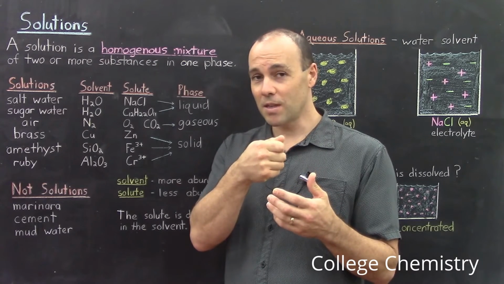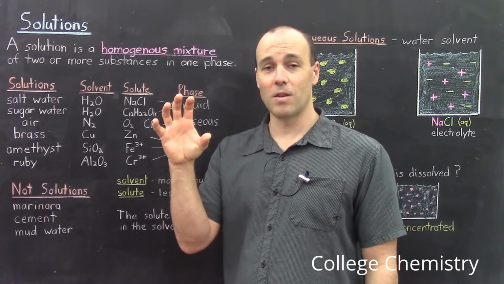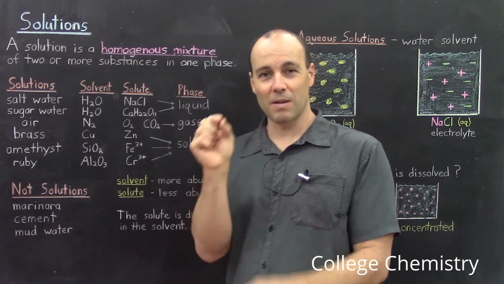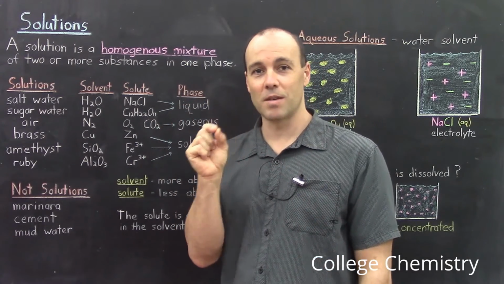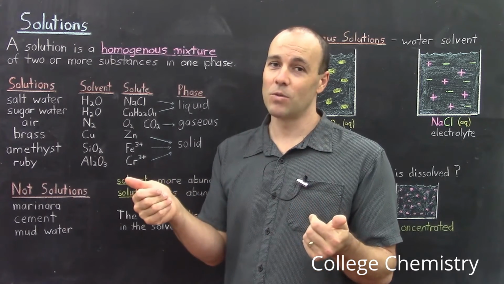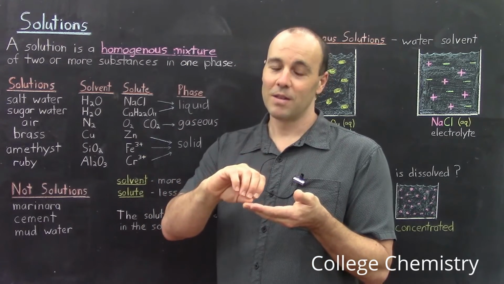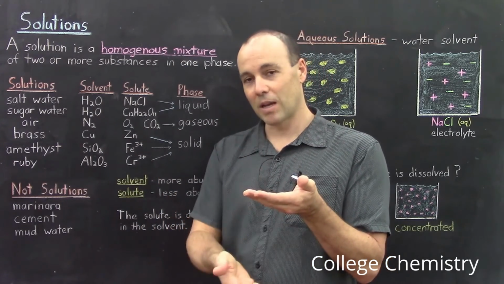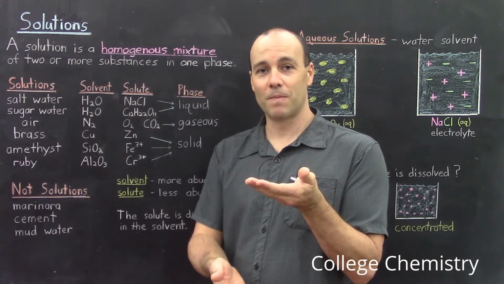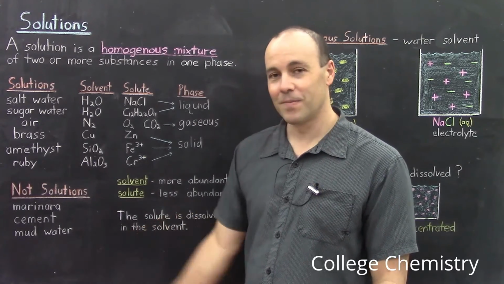And if you can see them with your eye, that means the dirt particles on the molecular level are huge, and millions of dirt particles make up one of those little specks that you see. So again, it has not been completely broken down into its smallest pieces. And you can even filter out the dirt using a filter paper, collect the water underneath, and trap the dirt on top of the filter paper. So, not a solution.